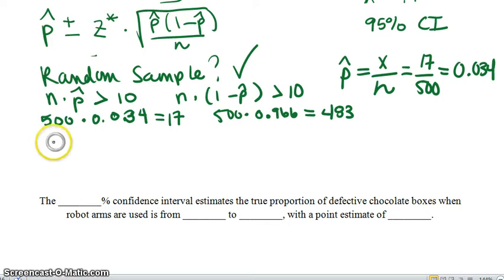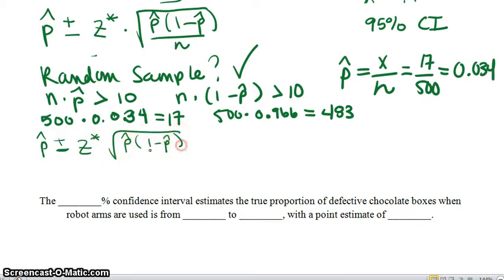From this formula, we start out with p hat plus or minus a Z critical value times our standard error, the square root of p hat times 1 minus p hat all over N. If we plug in these values, we get our point estimate of 0.034 plus or minus a critical value of 1.96.